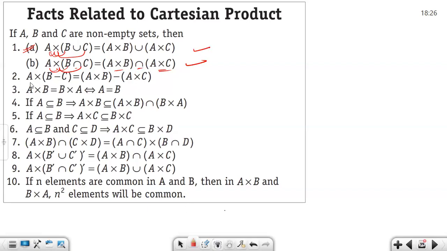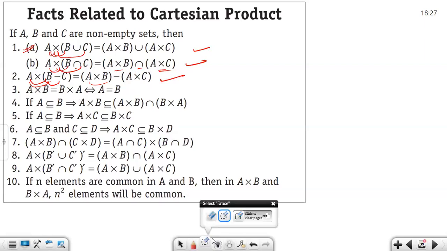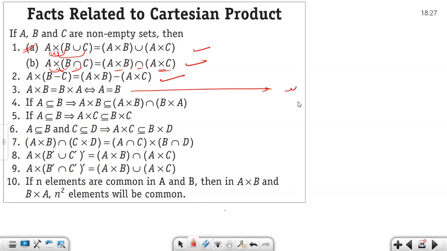And similarly, the same concept applies here also: A cross (B minus C) equals (A cross B) minus (A cross C). Then there is A cross B equal to B cross A. I was thinking, how is it possible? But this is not a property.